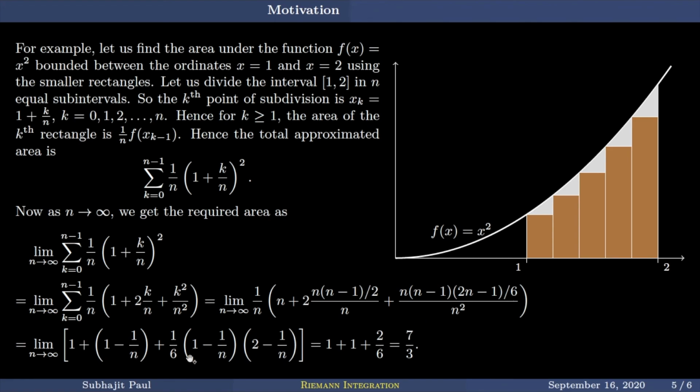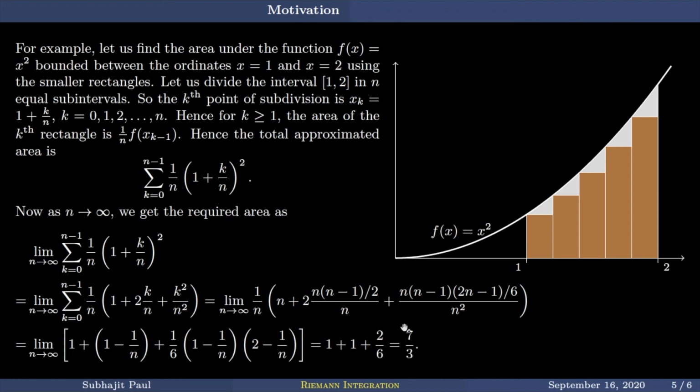Plus this 1 by 6 comes along over here. One n cancels, one n is there, so you have 2 n's in the denominator. So this is n minus 1 by n, that is 1 minus 1 by n, and 2n minus 1 by another n, so that is 2 minus 1 by n. Then if you take the limit n tending to infinity, this 1 by n will go to 0, so you finally get 7 by 3.